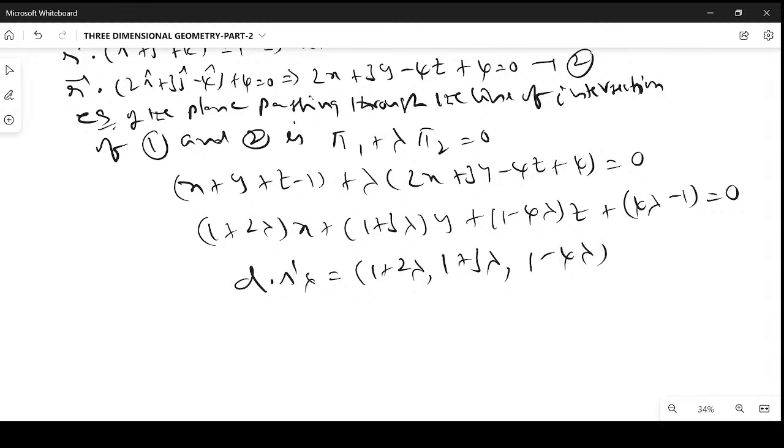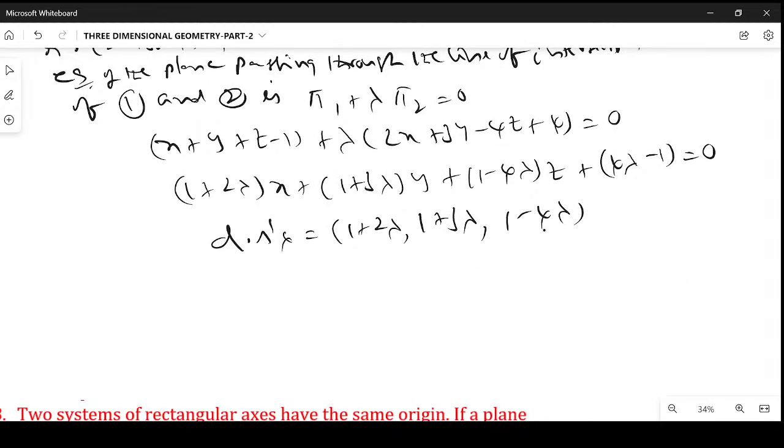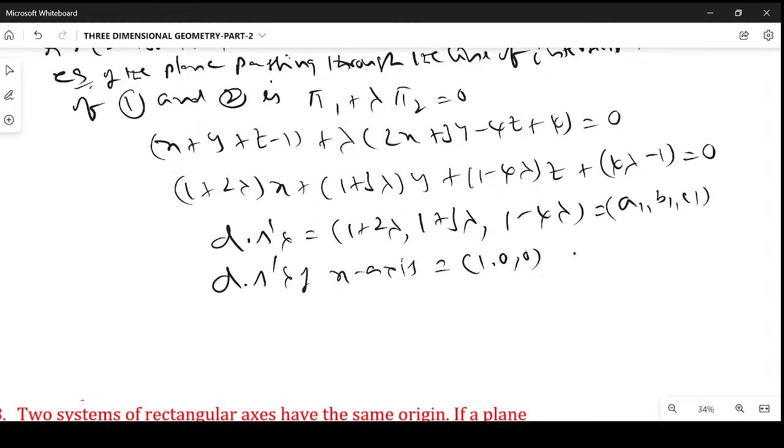Since the plane is parallel to the x-axis, the normal should be perpendicular to the x-axis, right? This is the drs of the normal. What are the drs of the x-axis? The drs of x are 1 0 0. This one we write as a1 b1 c1, and this is a2 b2 c2.